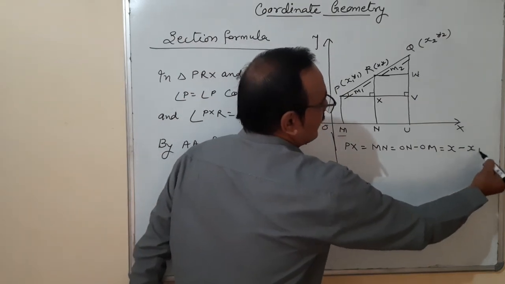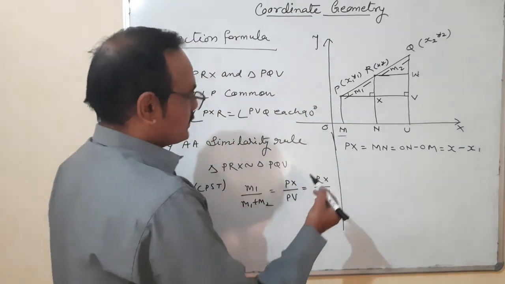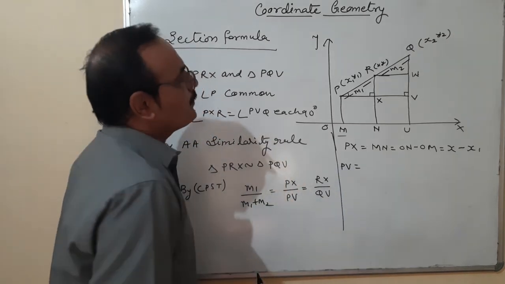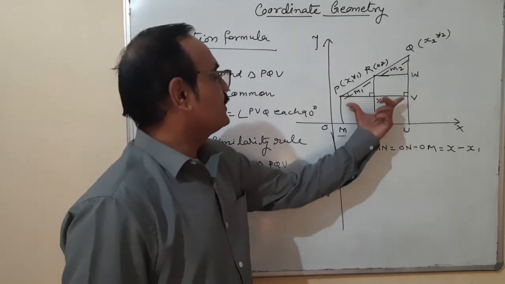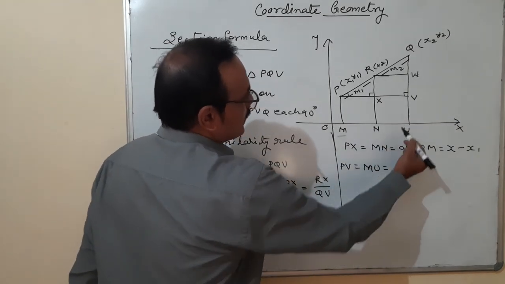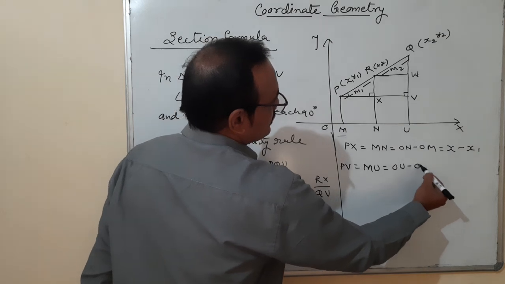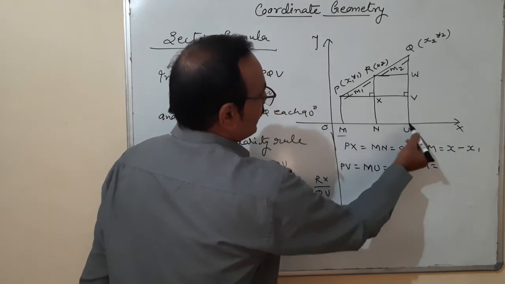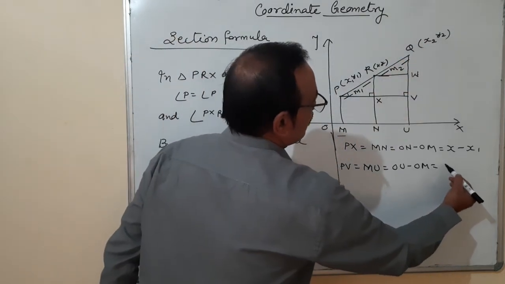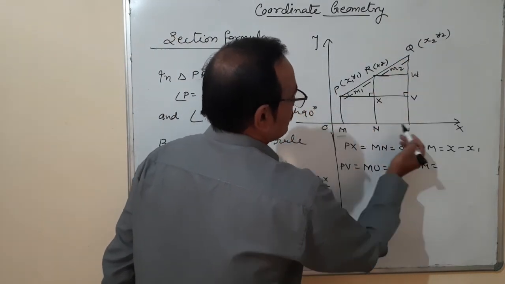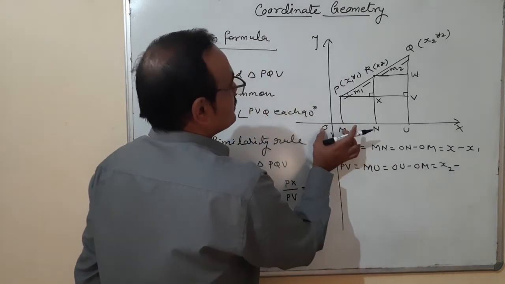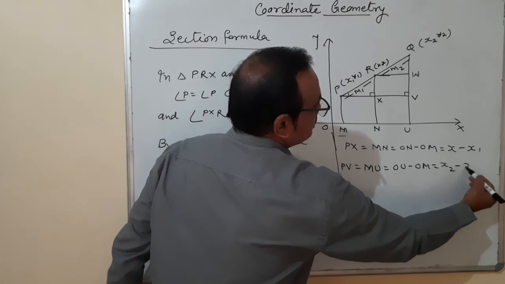So x minus x1. Got it? Second, I am finding the value of PV. This is PV. PV is equal to MU, that means OU minus OM. OU is the intercept on x-axis x2, minus OM, x1. So x2 minus x1.